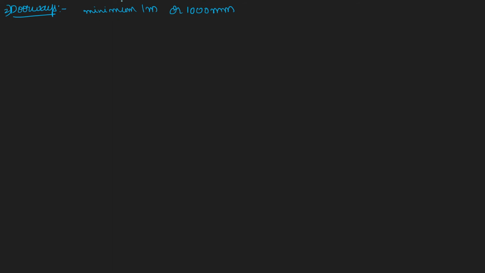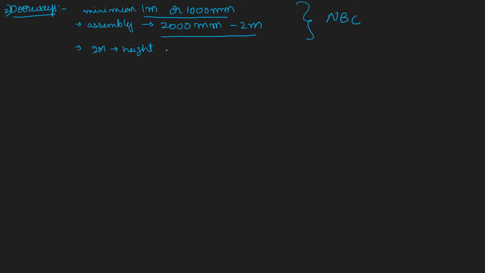For assembly building, you need to have 2000 mm, that is 2 meters. This is important. All these terms are according to NBC, which we are reading on passive fire protection. And the minimum height should be 2 meters for all these types of doors.